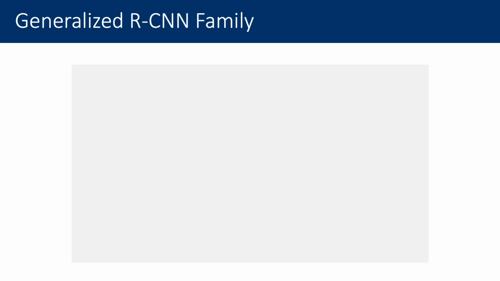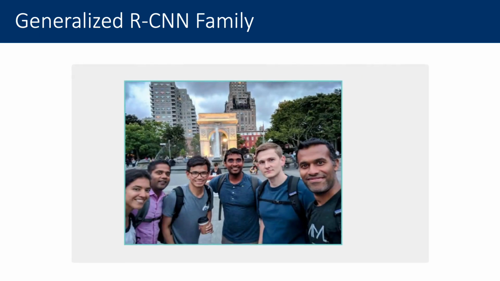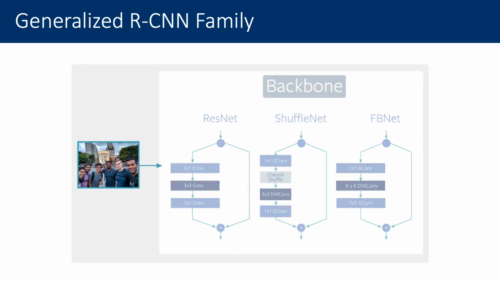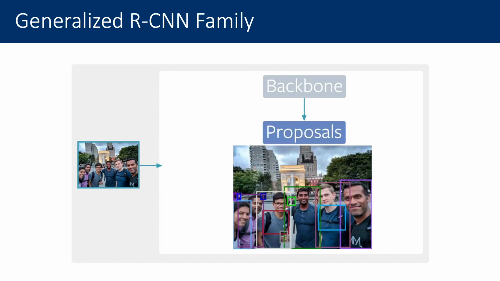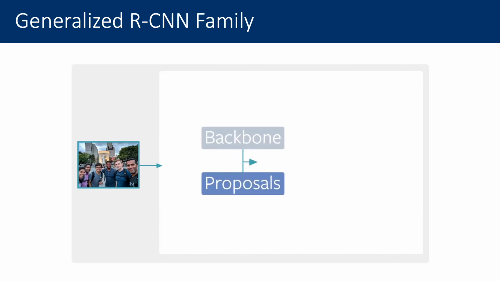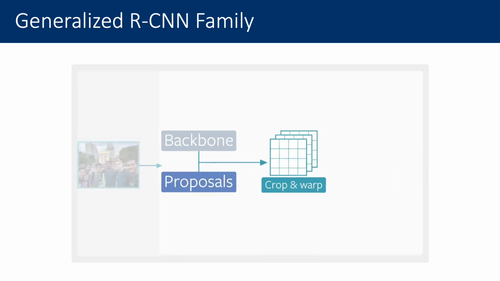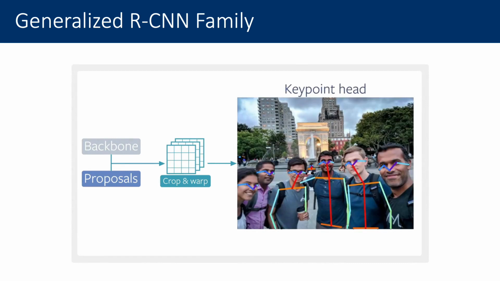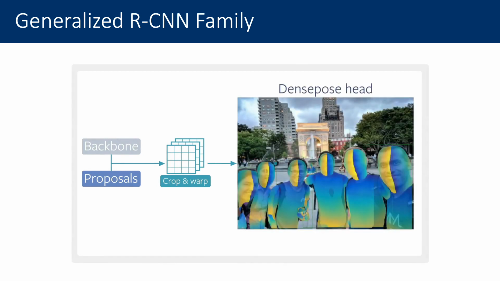Here we show a diagram of how a generalized R-CNN model makes predictions. An input image goes through a backbone feature extractor to extract image-level features. These features are then used to predict region proposals, which are regions that are likely to contain objects. Features are then cropped using these proposals to become region features. What makes this system very flexible is that we can predict a bunch of different instance-level attributes using these region-level features, such as bounding box or segmentation mask for every instance, or key points and dense pose for every person.